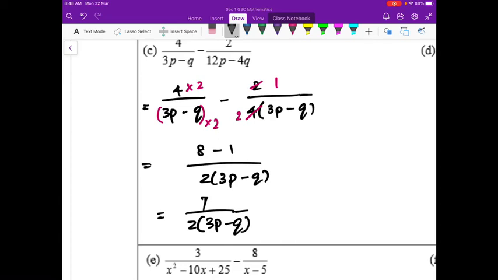Are you curious what happens if you don't multiply by 2, you multiply by 4 instead? What do you think is going to happen? You see, in this case, the LCM is actually 2 times 3p minus q. So if you, for some reason, did not realize that, you multiply by 4, it is not wrong.